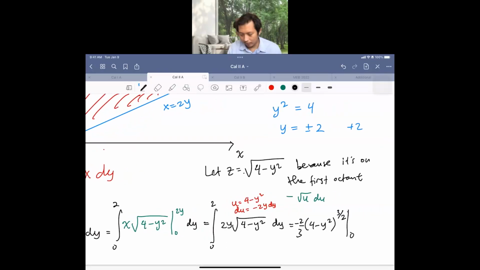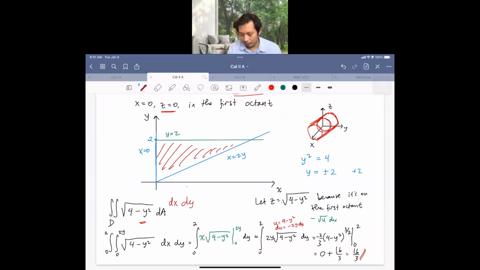So this will be from 0 to 2. Input 2, we will have 0, and then minus, should be plus. Input 0 will be 4 to the 3 over 2, which is 8, so 16 over 3, minus 16 over 3, and it becomes a plus. So it's 16 over 3, the answer.